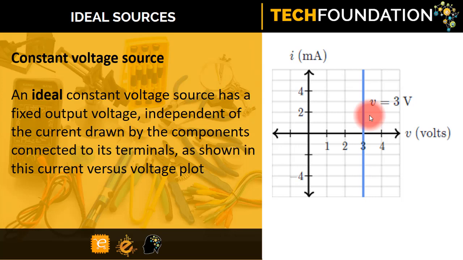What we see is that per the design of our constant voltage source, when a certain limit of current draw is exceeded, the voltage drops, and this is because of the internal resistance of the source itself.